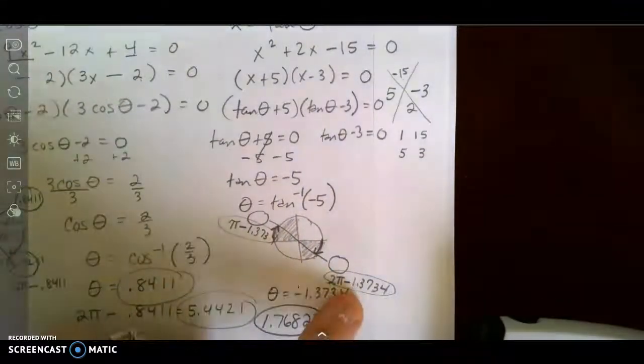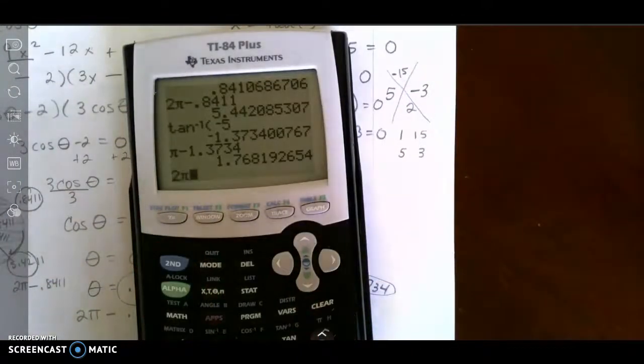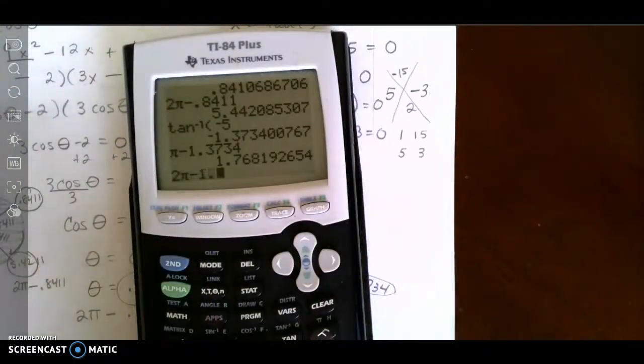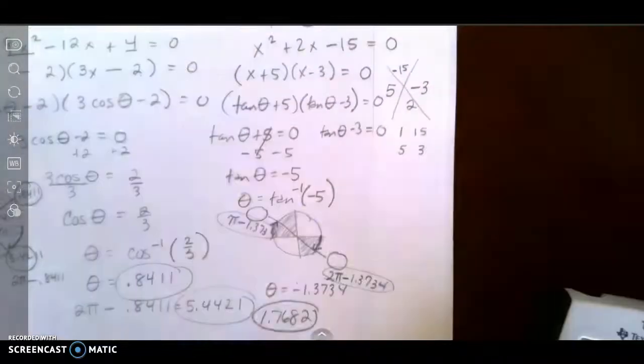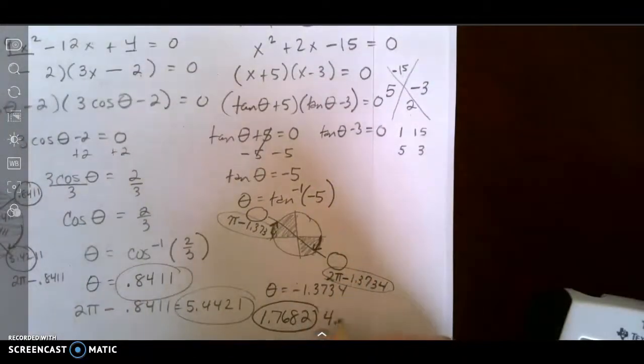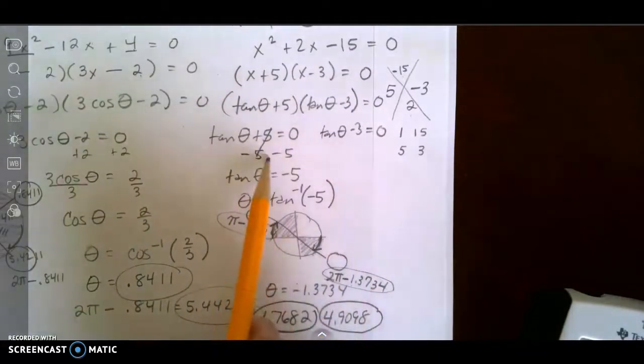And then I need to do 2 pi minus 1.3734, and I get 4.9098. So these are my two answers for this factor in number 10.